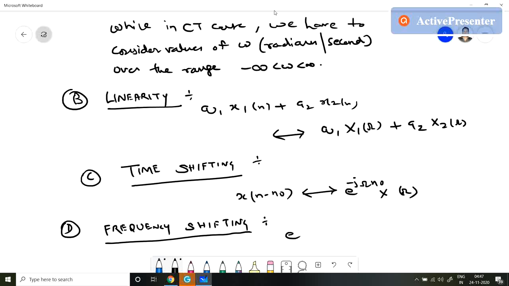According to this property, if we multiply e raised to the power j omega naught n with x, then that is equal to X(omega minus omega naught). This is called the frequency shifting property.